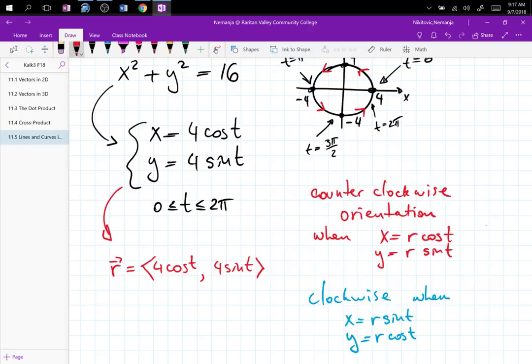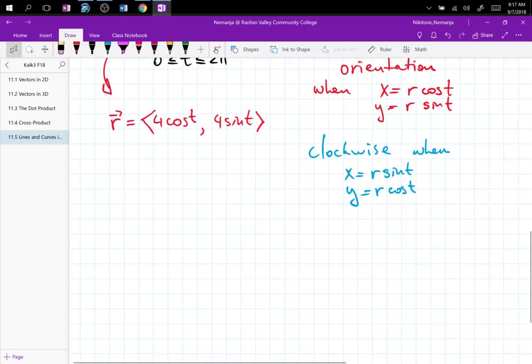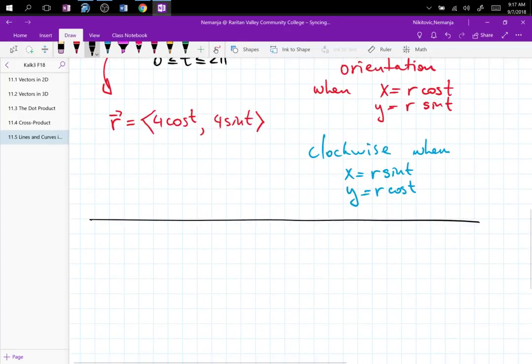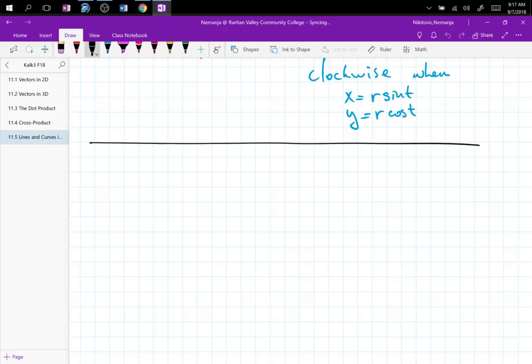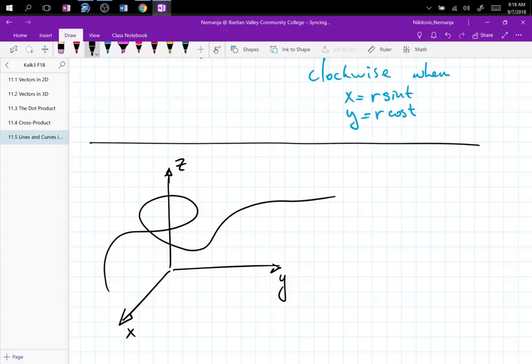So vector valued functions are just a collection of parametric equations, and they describe the path. Now, as we move along, I am going to have some kind of a line in my XYZ 3D system.